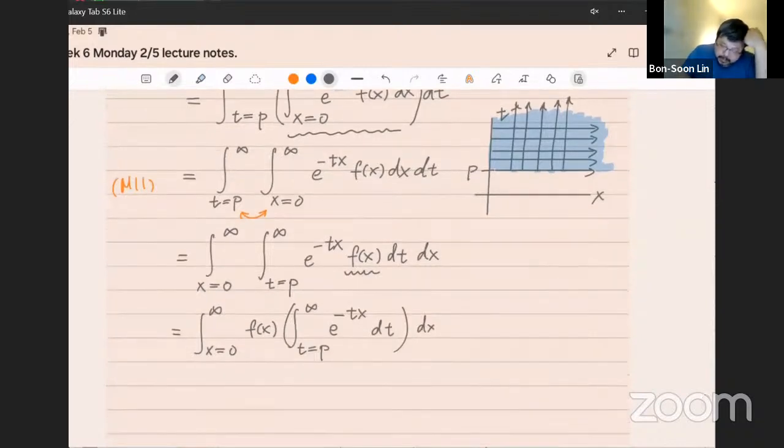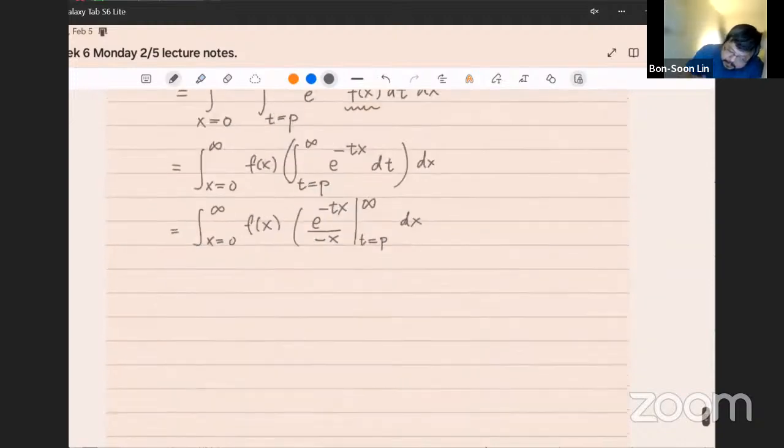Now, notice the bound is from p, so we have to be careful. The antiderivative of e to the minus tx is e to the minus tx all over minus x, because t is the variable being integrated, evaluated from t going from p to infinity, dx.